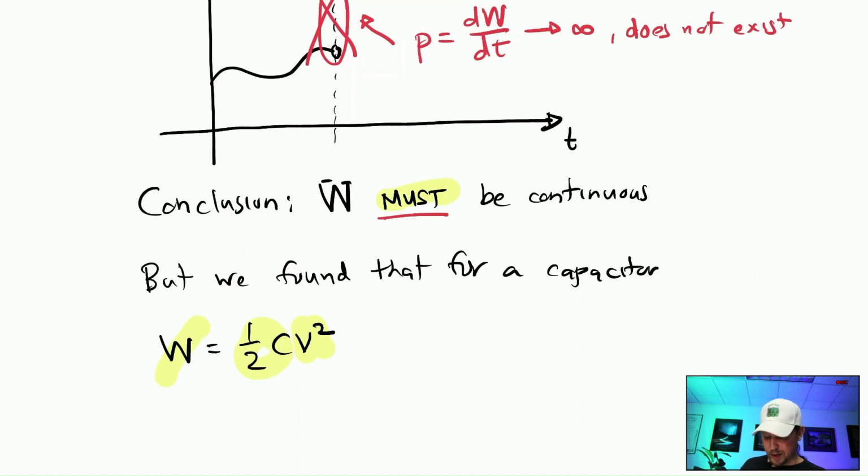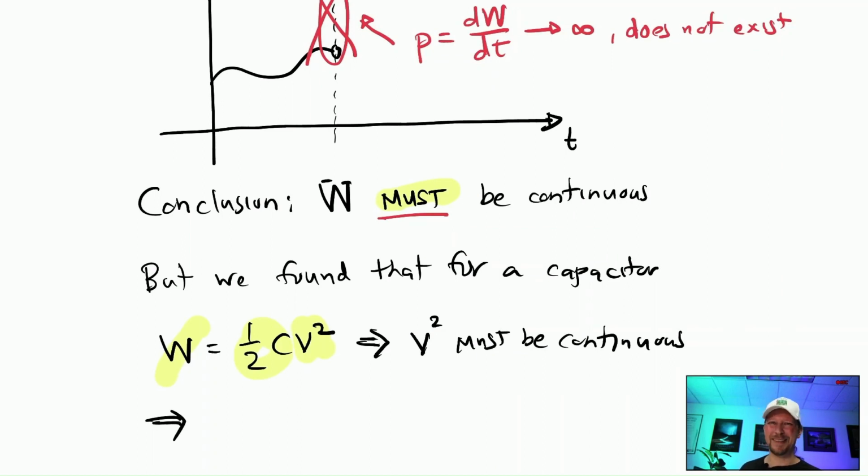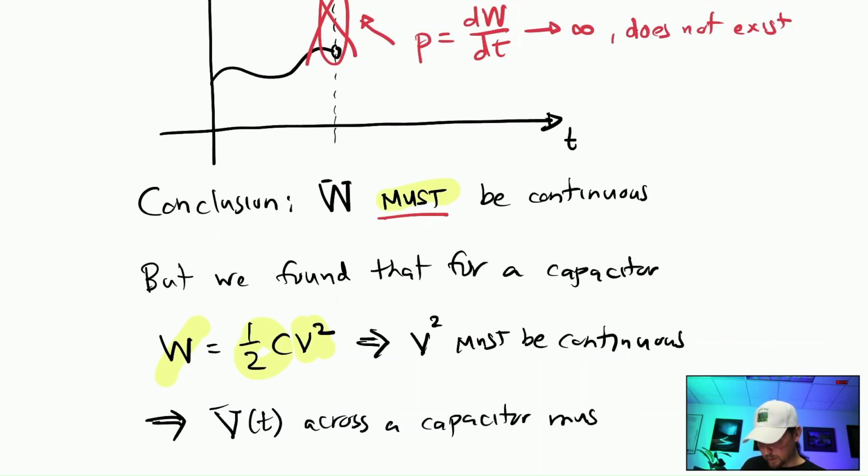So this implies that v squared must be continuous. And lastly, the square root of v squared must be continuous too. V across a capacitor might change as a function of time, but it must be continuous.